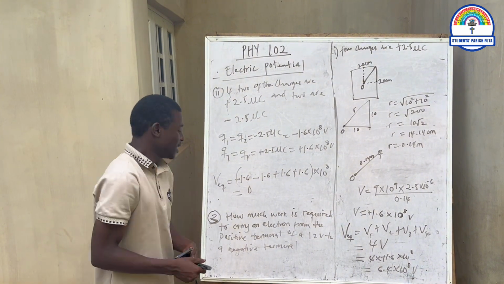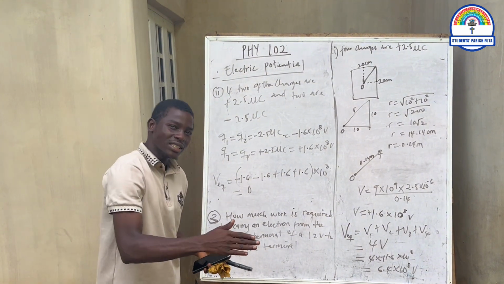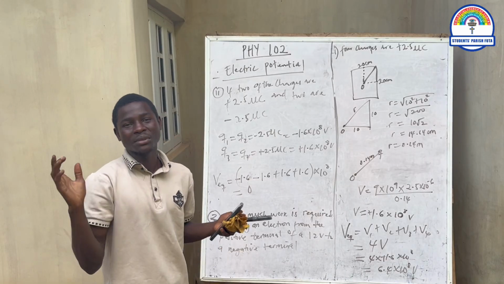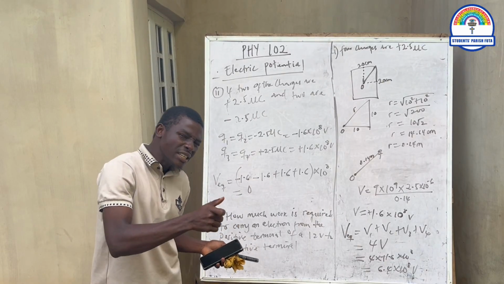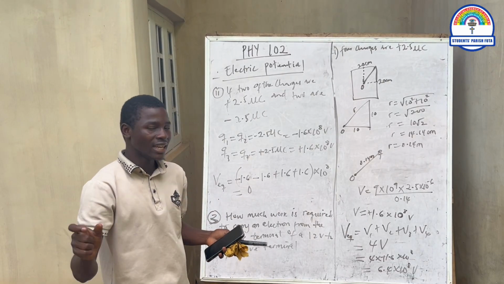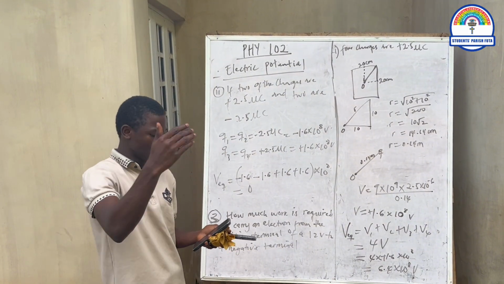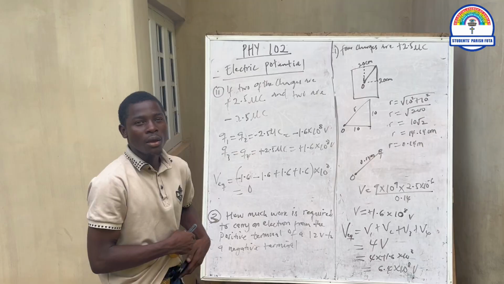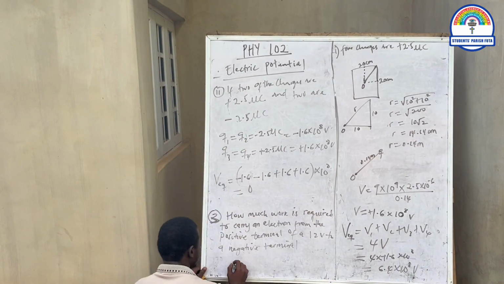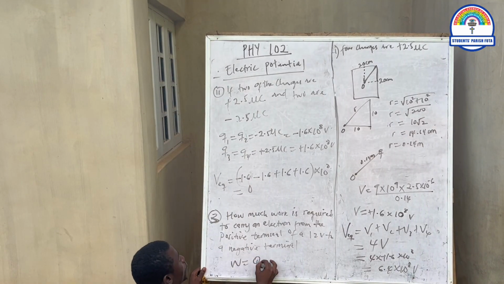This is what you should note: if you are going from positive to negative terminal, that is a negative potential difference. Write it down. But from negative to positive, from bad to good, you are increasing, so that is a positive potential difference. Work done equals QV.